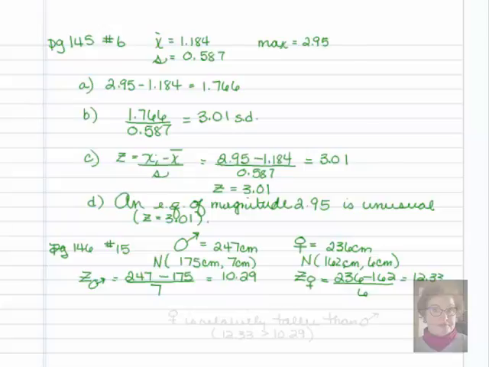So because she is further from the mean in standard deviation units than he is, our woman is relatively taller than the man. And we can summarize that as 12.33 is greater than 10.29.